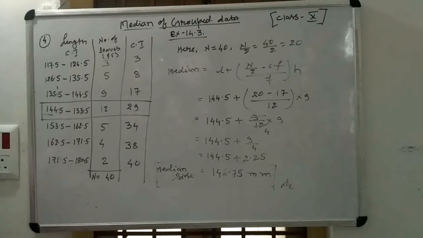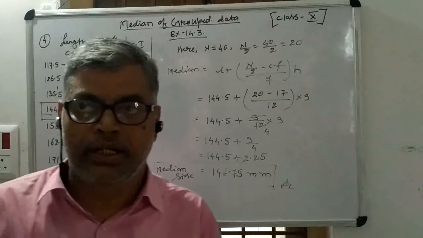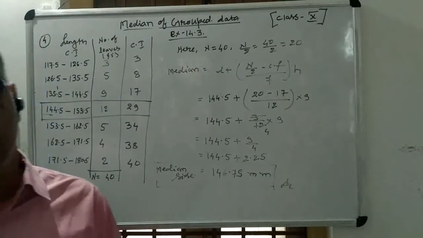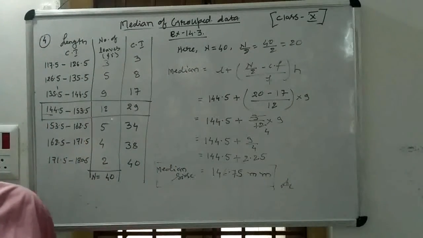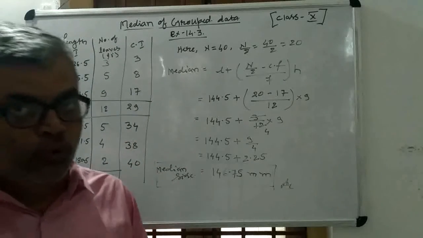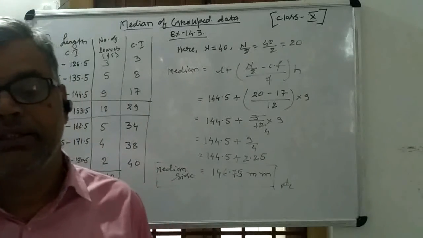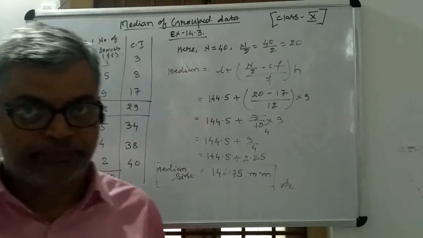Let's see the answer of exercise 14.3, question number 4. Is it correct or not? 146.75. Yes, it is correct. So children, in this question our main task was to change the class interval from inclusive series to exclusive series, because whenever class intervals are in inclusive series, there can be no calculation.